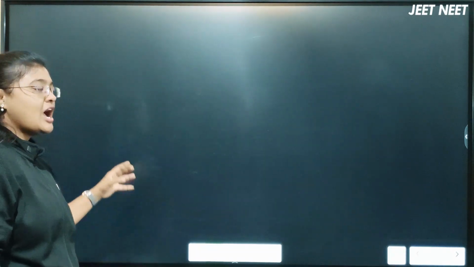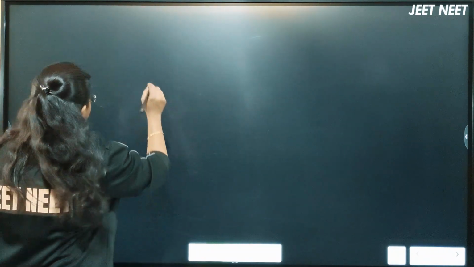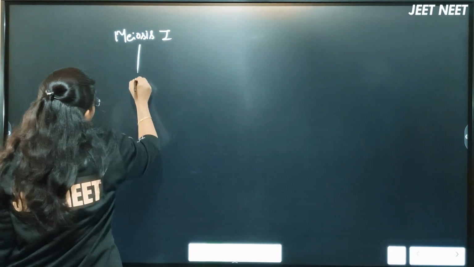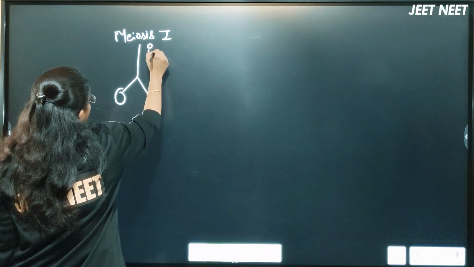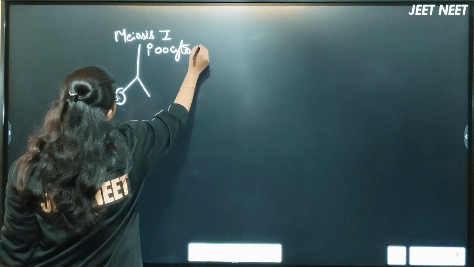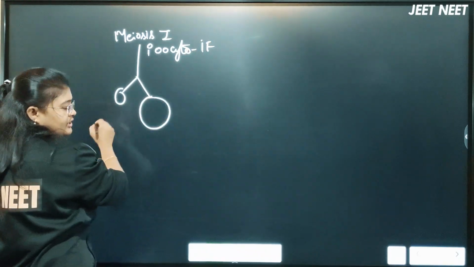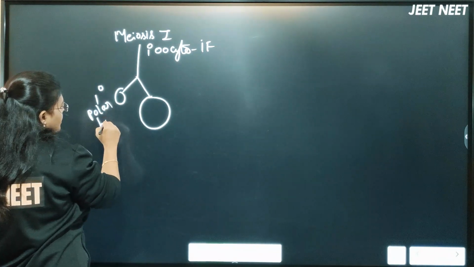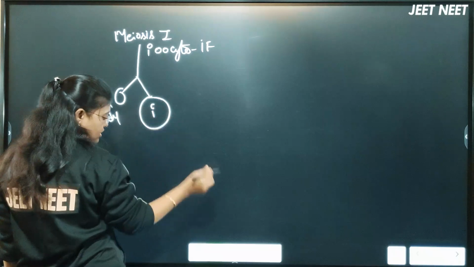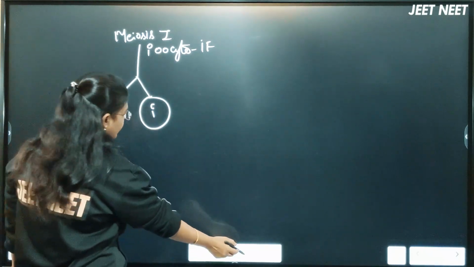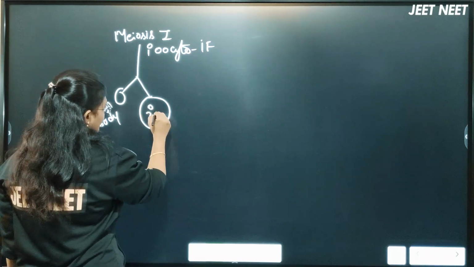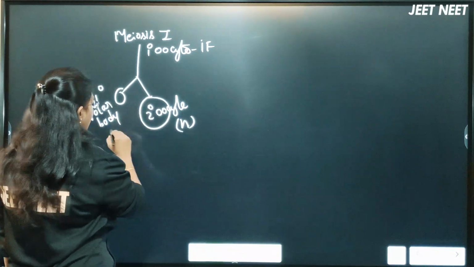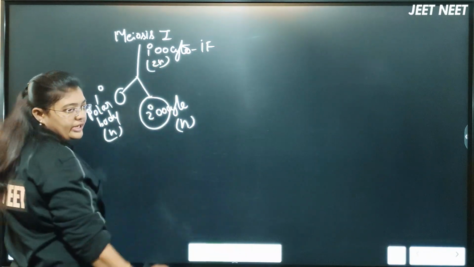In the oogenesis process, how many polar bodies are going to be formed? Remember, the primary oocyte within the primary follicle undergoes meiosis 1 and forms 2 cells: a primary polar body, and the secondary oocyte, which is n, while the primary oocyte is 2n.